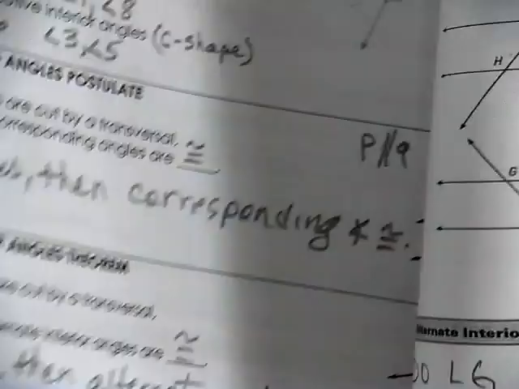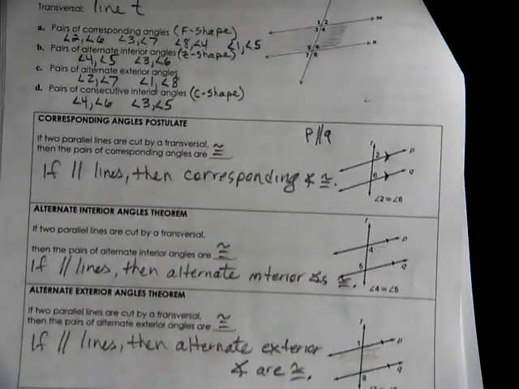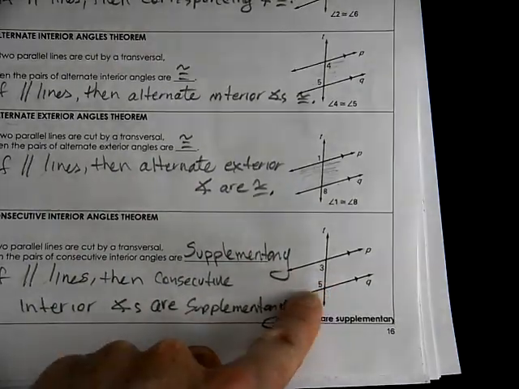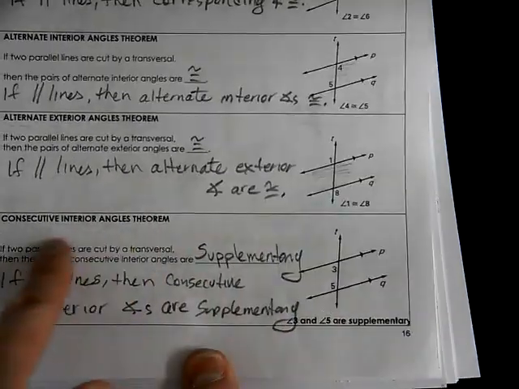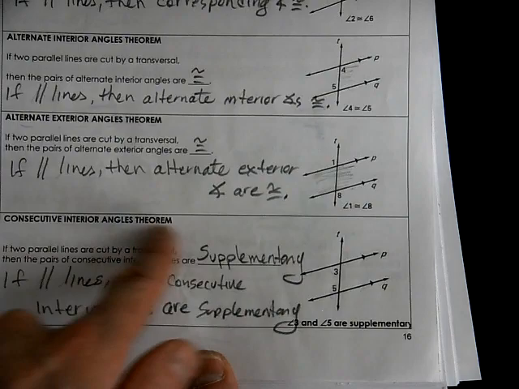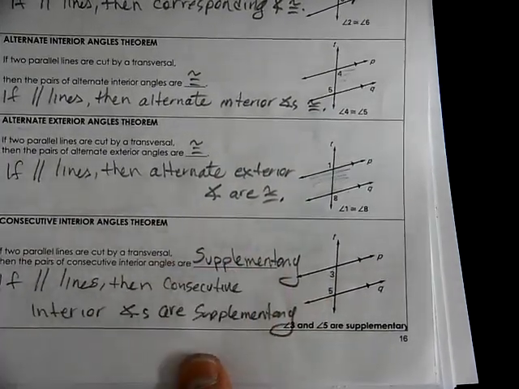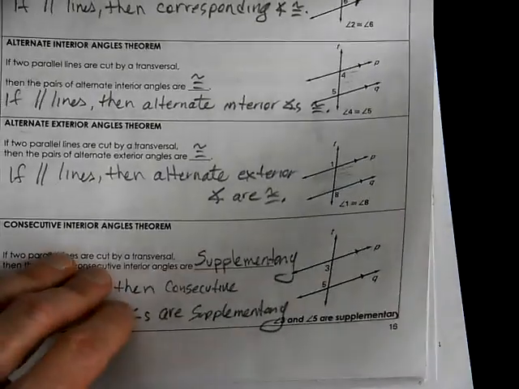We know from before that the C shape angles are considered consecutive interior. They are supplementary to each other.